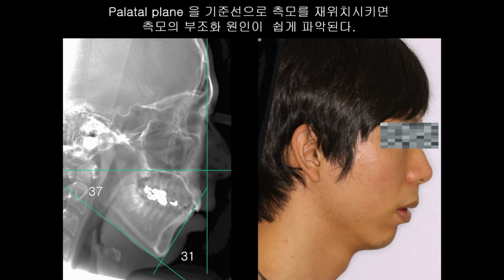But the patient wants to look nice after premolar extraction therapy. It's wrong. But this is not my case, okay? It's my student's case. And he extracted upper 4 and lower 4 and retracted.